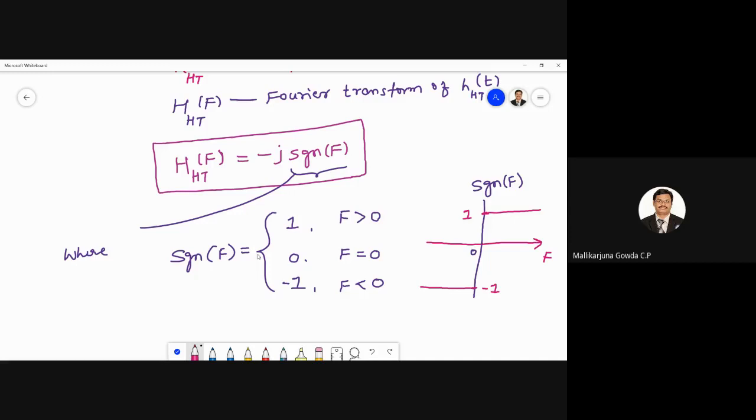I said the Fourier transform of the impulse response of the Hilbert transform will be defined as minus j into signum of f. I defined what the signum function is: signum of f is equal to 1 for f greater than 0, 0 at f equal to 0, and -1 for f less than 0.